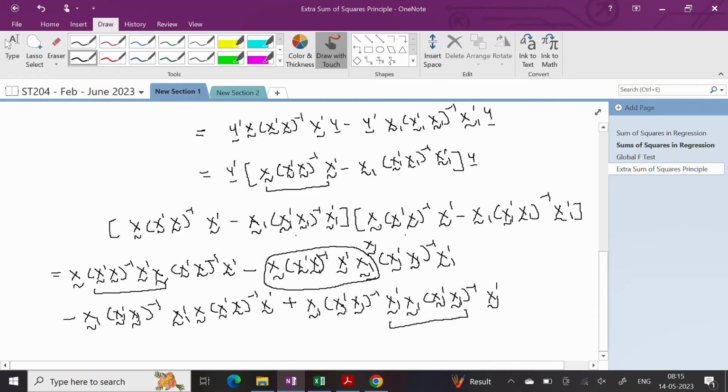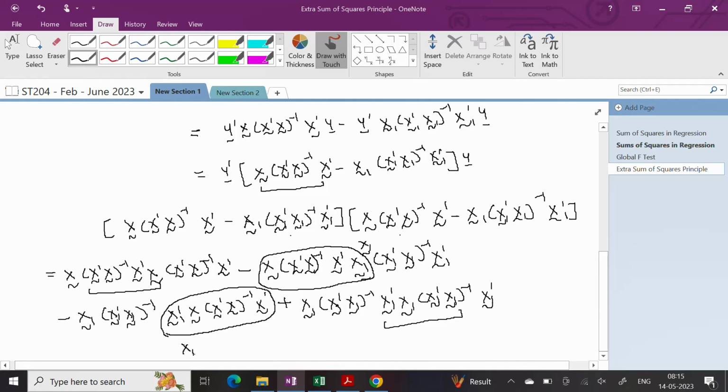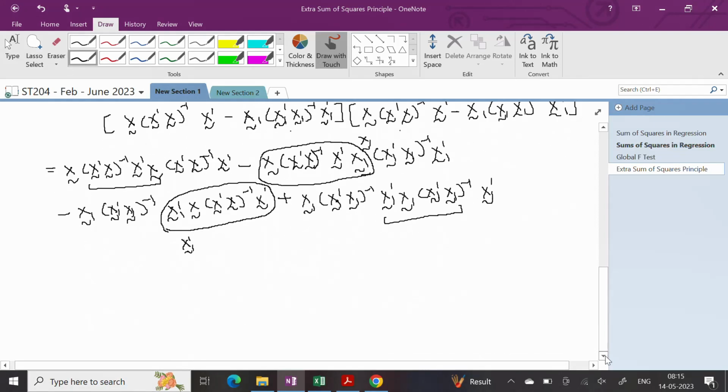Check the first lecture on sum of squares in regression. Similarly, this X1 prime X prime X whole inverse into X prime is simply X1 prime. So this also comes from the same result, the product of the partition matrices.